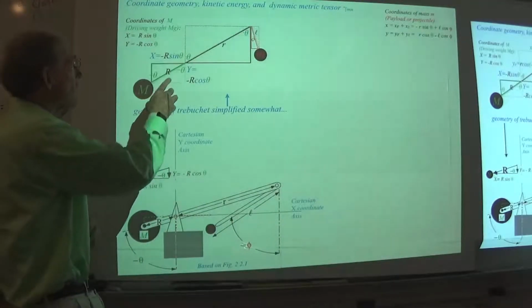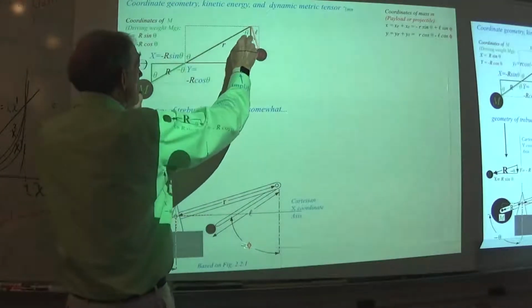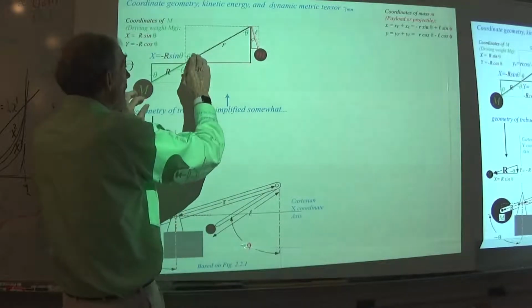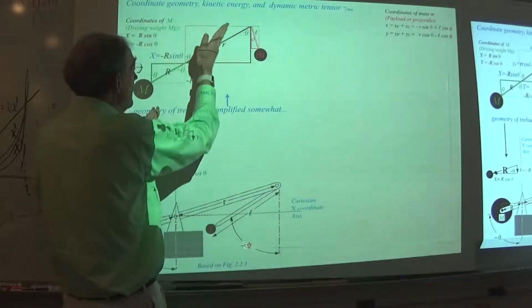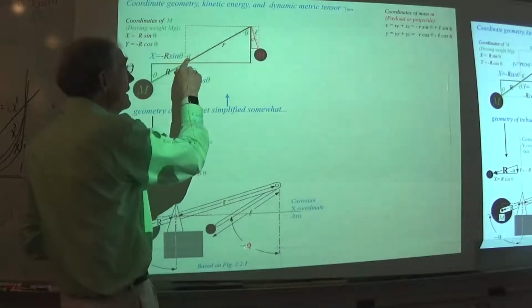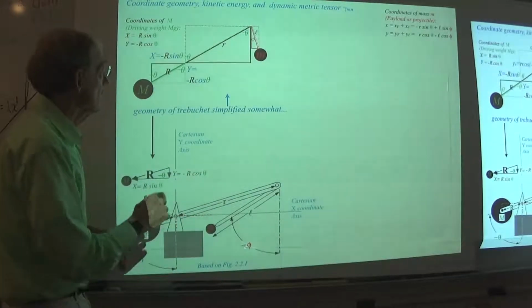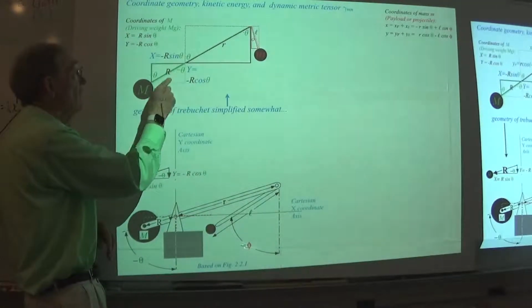In any case, the idea is when this trebuchet turns, right now it started vertical, this was left-handed motion, so that's a minus theta, and of course equal angles and equal sides there, same thing here.